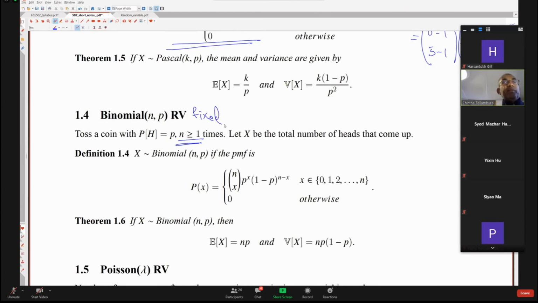That means it is not a variable like in the geometric or Pascal, where the number of repetitions continues until you hit the success condition. That's not the case here. Here, the number of repetitions is fixed beforehand. We know it.